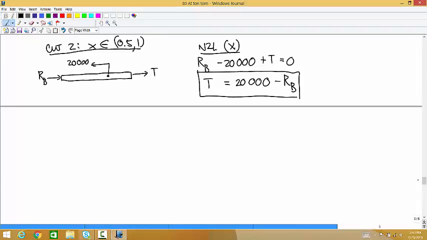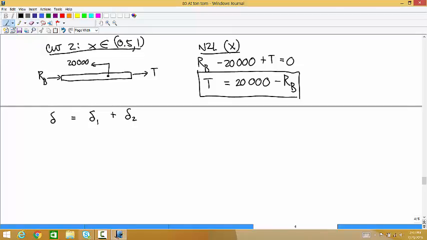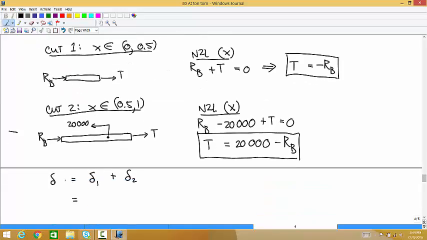And now we know that our total elongation is equal to the elongation for piece 1 plus the elongation for piece 2. The expression for the elongation for piece 1 is going to be T times the length over EA.